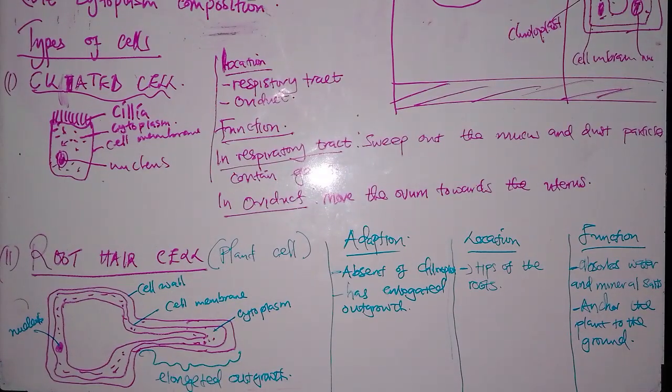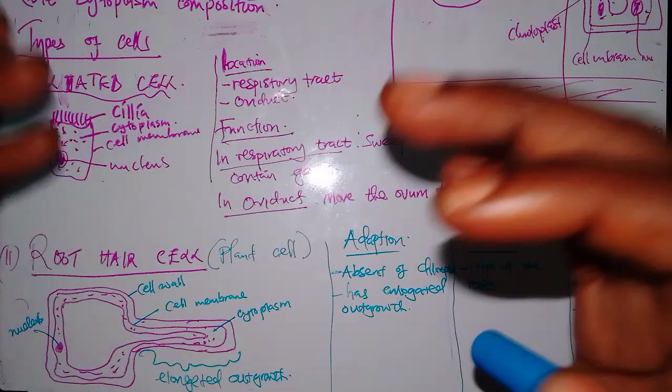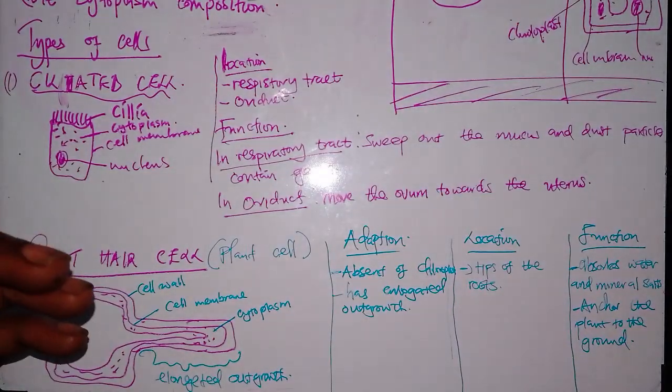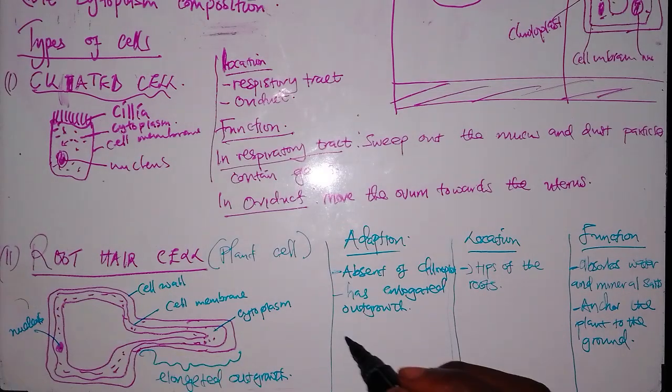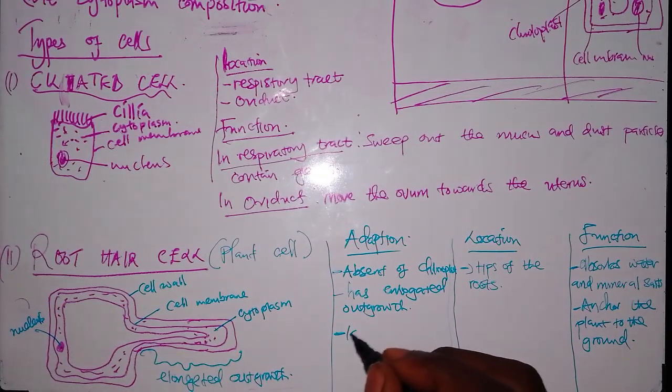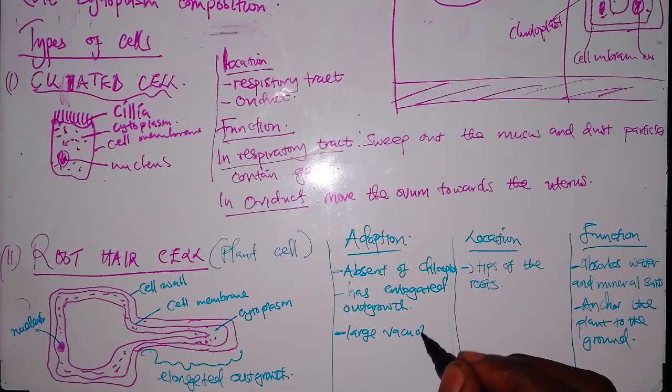So these are the notes which you need to know whenever you are looking at the root hair cell. The first thing is, it has the absence of a chloroplast. It has an elongated outgrowth to increase the surface area for what? For diffusion. And another one, you can see that it has a large vacuole.